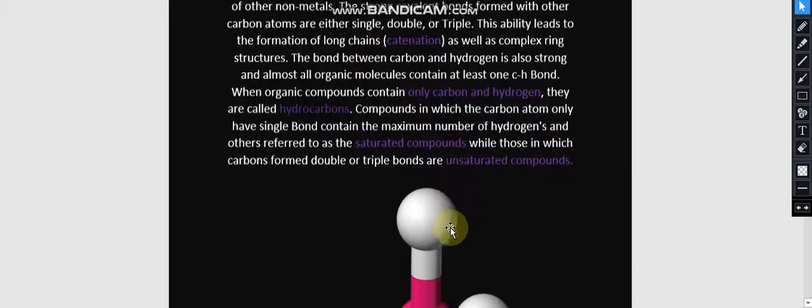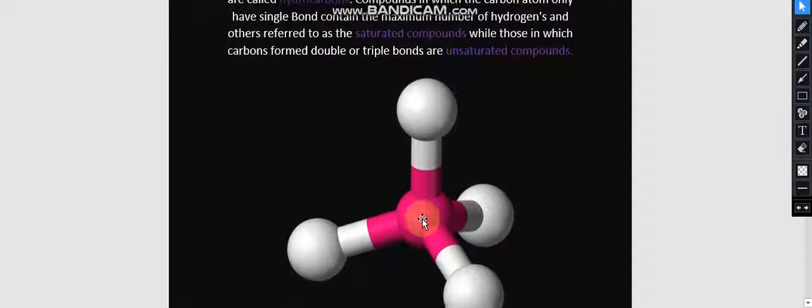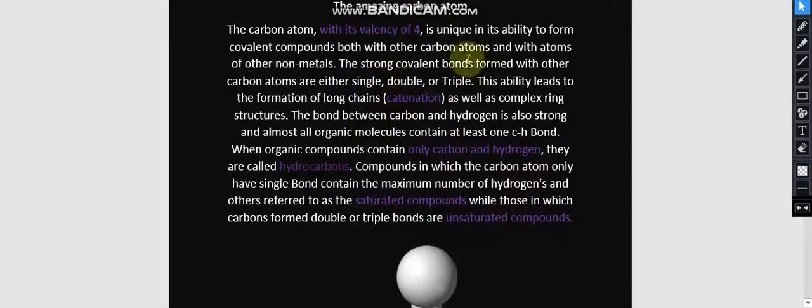The covalent bonds formed with other carbon atoms are either single, double, or triple, as you're going to see later on. This ability leads to the formation of long chains called catenation.